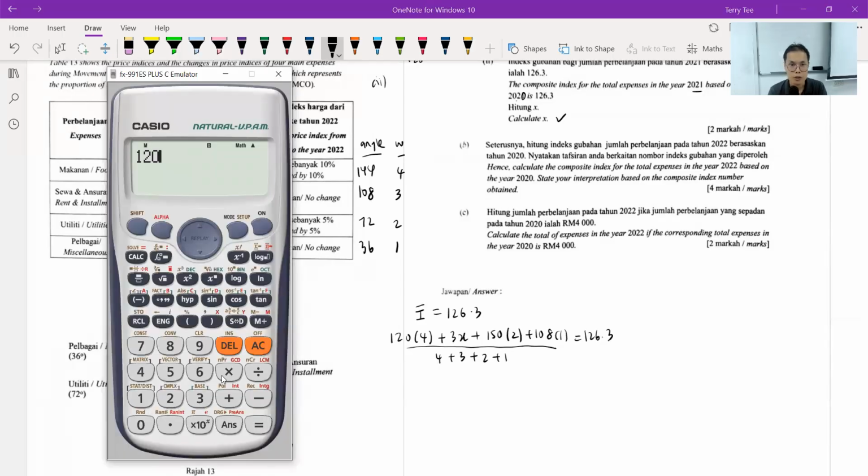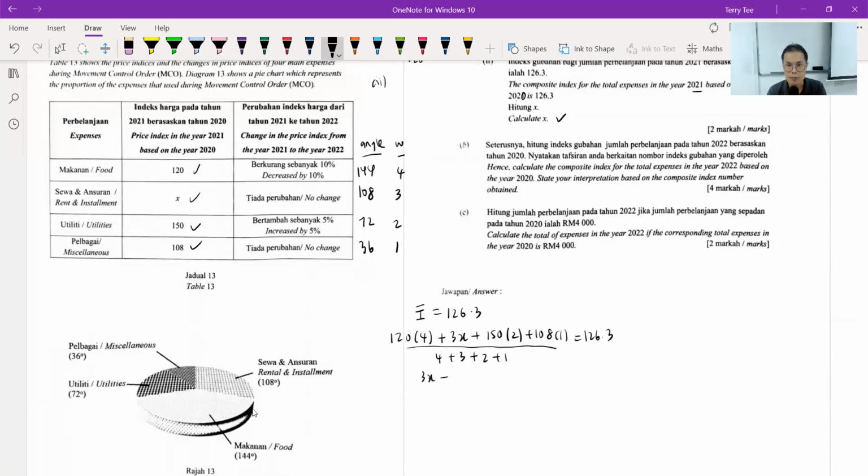Okay, let's count. Let's take 120 times 4 plus 150 times 2 plus 108 times 1. So this answer is 888. So 3x plus 888 divided by 10 is 126.3, right?